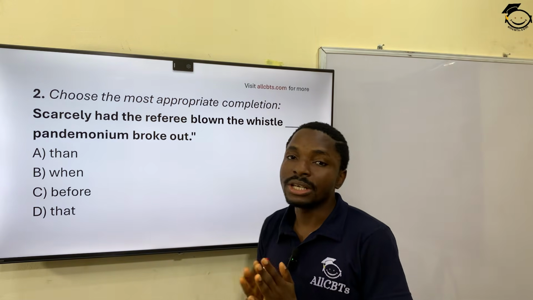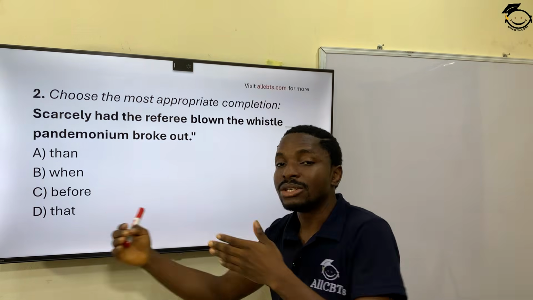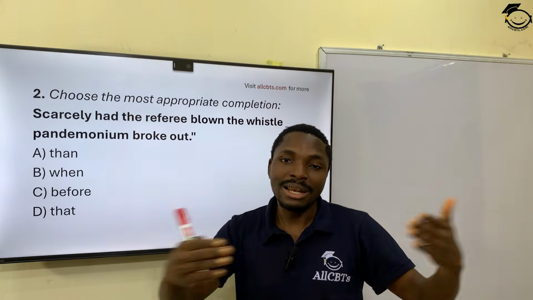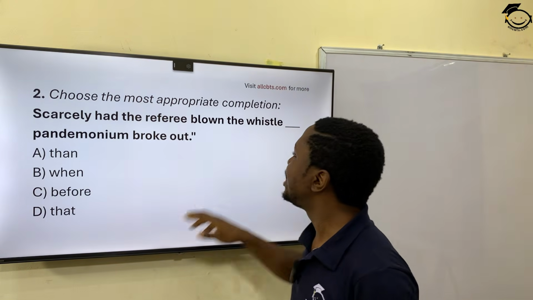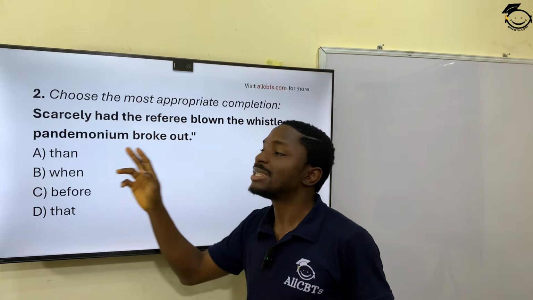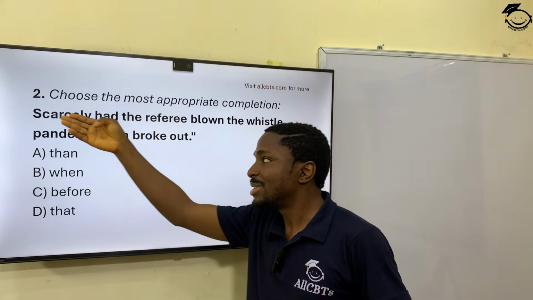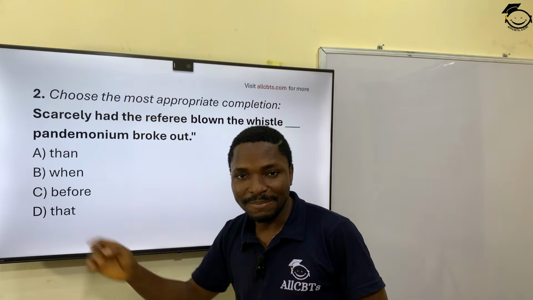Another rule of English: you always use hardly or scarcely connected with when. So the second part of the sentence will be when, because it's an aftermath action to this one. The correct option is B.